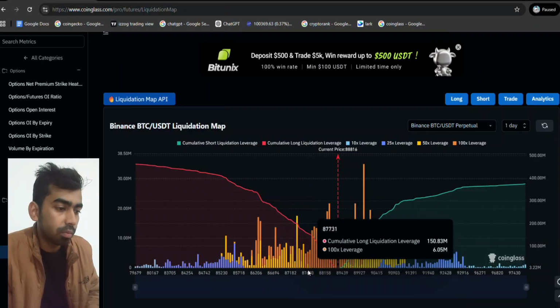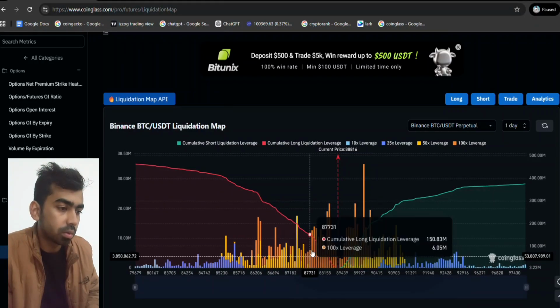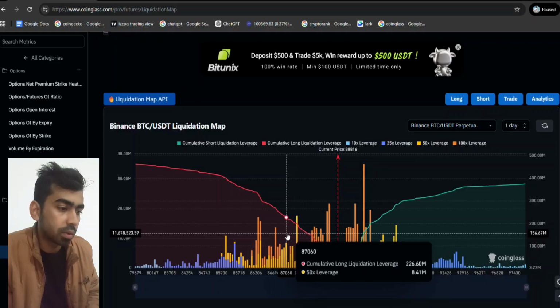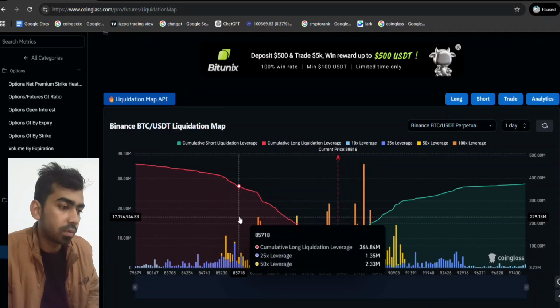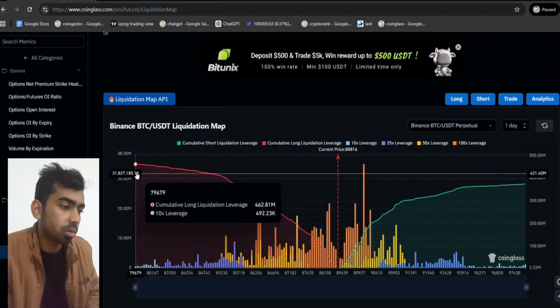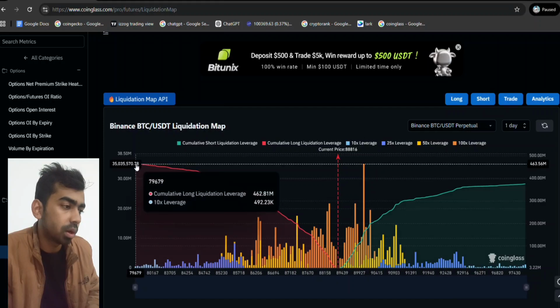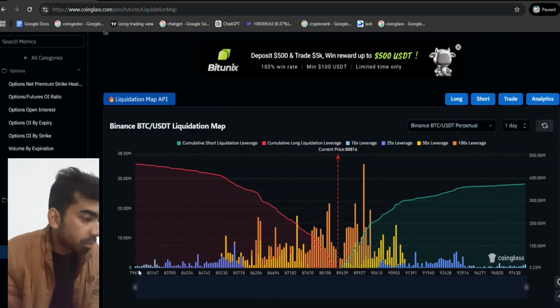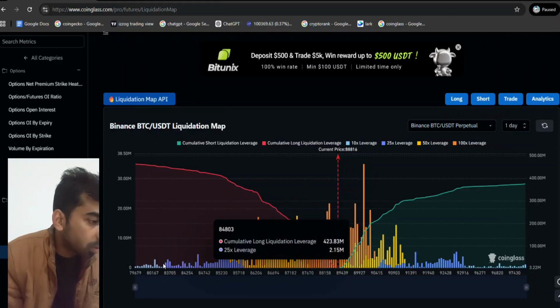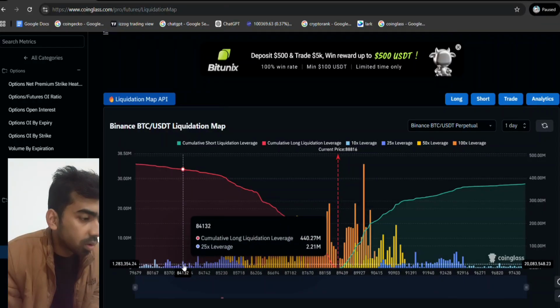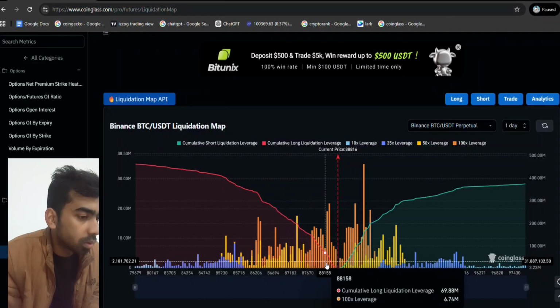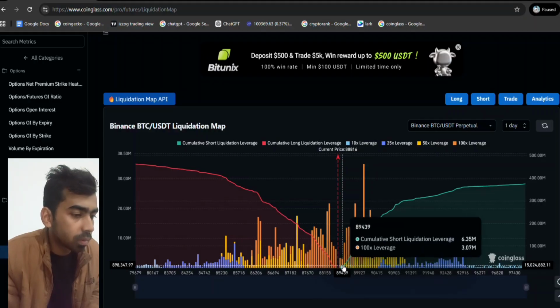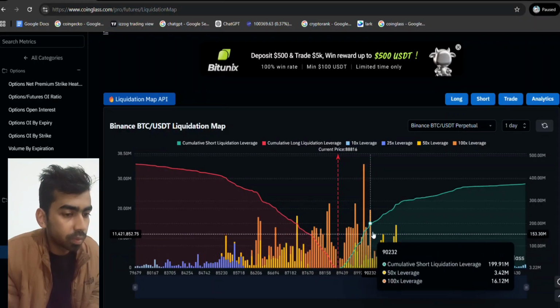Obviously, if BTC tries to go downside, here is a huge amount of liquidity, like at 87,600. And if it tries to go more downside, the highest liquidity is only 35 million. Okay, if BTC tries to go downside, there is not much liquidity. At the same time, look at that.